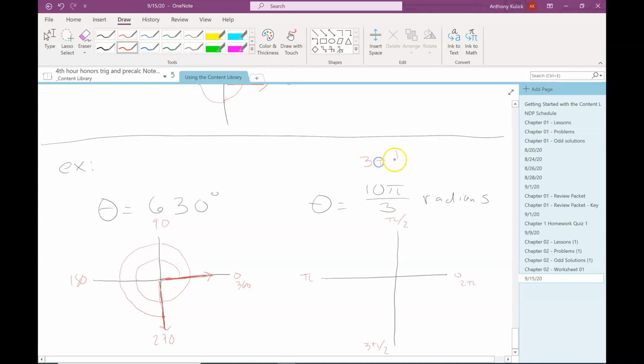Maybe think about it as 3 1/3 pi's. Does that help? 10/3 is the same as 3 1/3, right? So a half, 1, 1.5, 2, 2.5, 3, and like a third more.